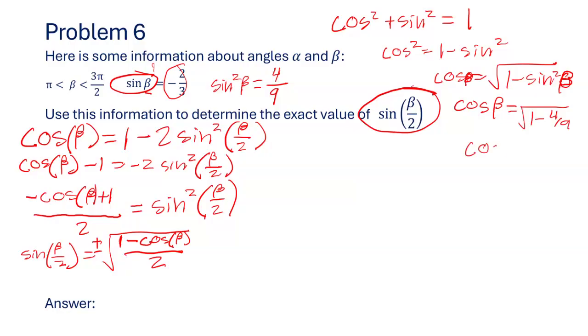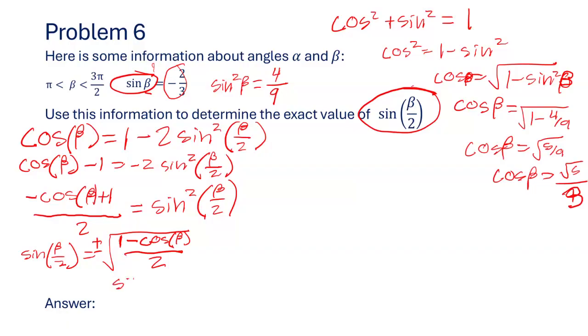Then we can simplify that a little more. Cosine of beta equals square root of 5/9. And 9 is a perfect square, so we can pull that out. To get cosine of beta, it's the square root of 5 over 3. Okay, so now we have a nice number that doesn't have a cosine.